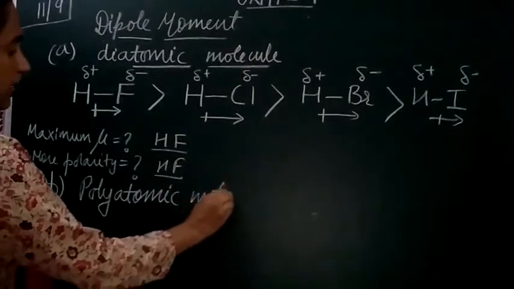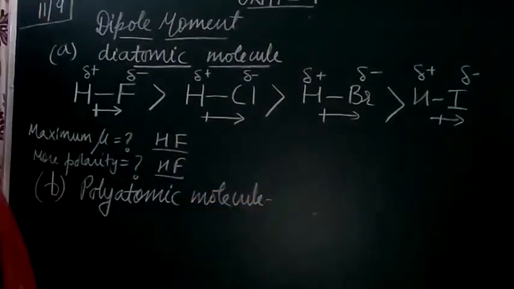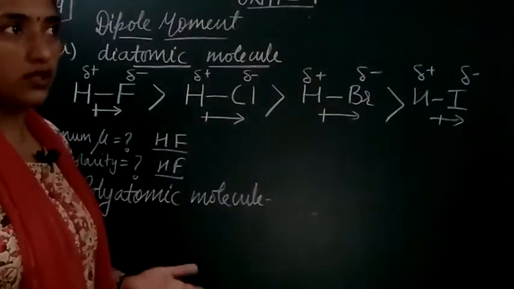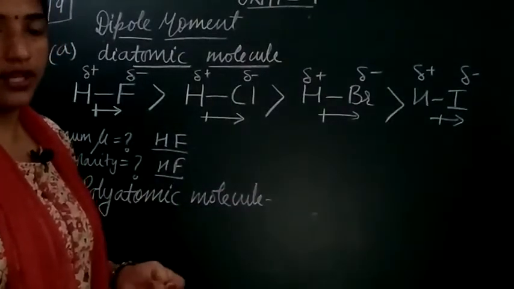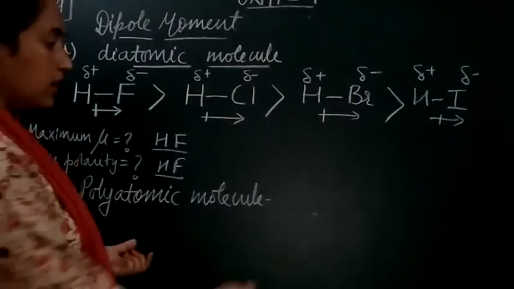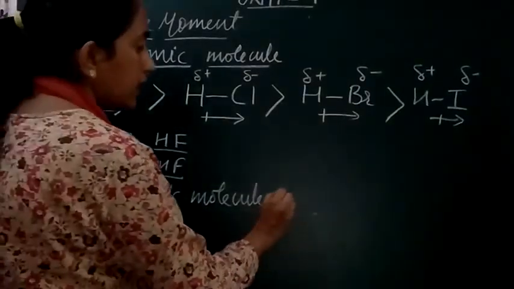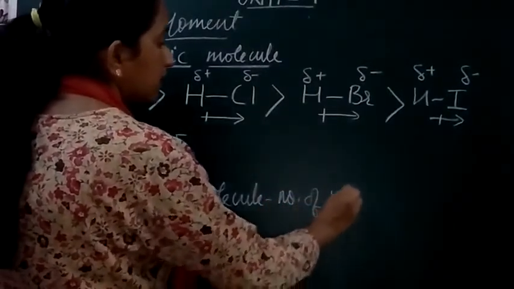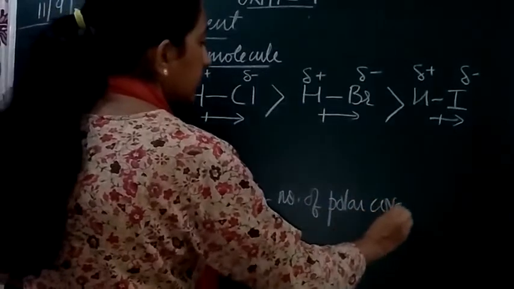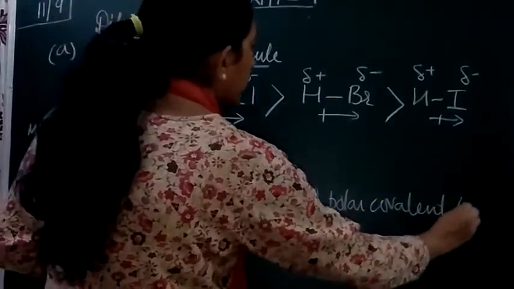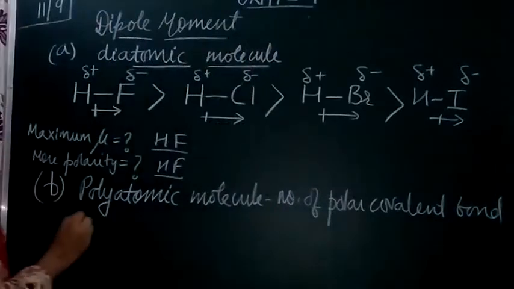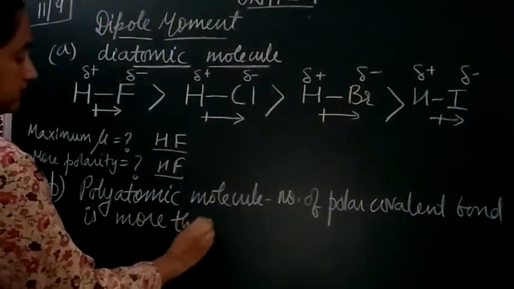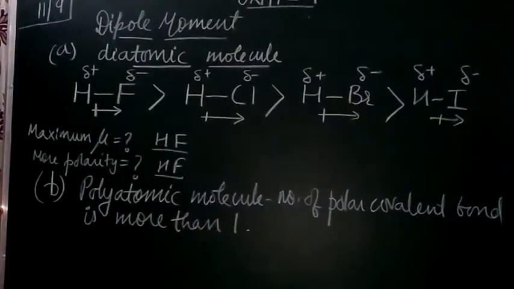Now the second example is a polyatomic molecule. Students, when it is a polyatomic molecule, what does it mean? It means that it has more than one polar covalent bond. It can be two, it can be three. So here the number of polar covalent bonds is more than one.